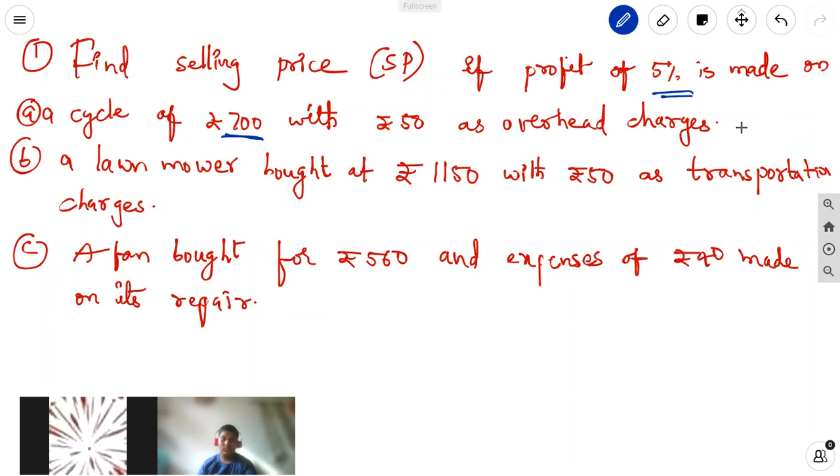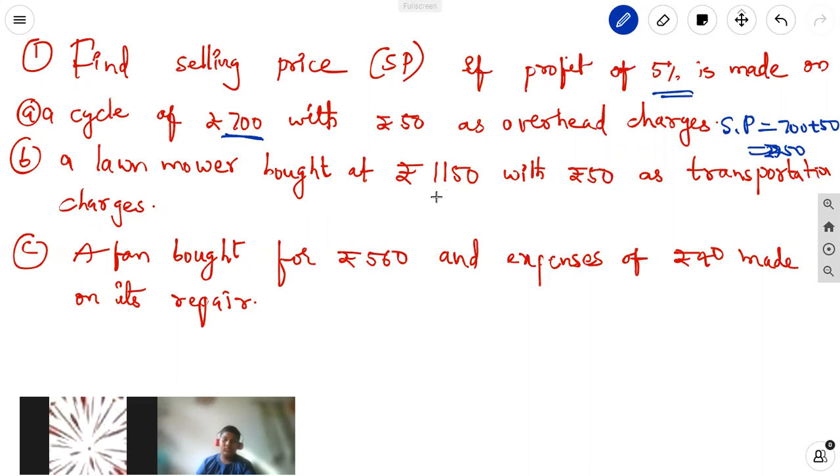Here the total is 700, but the overhead charges are also included. So it is 700 plus 50 rupees, that is 750 rupees. Total how much did it cost?